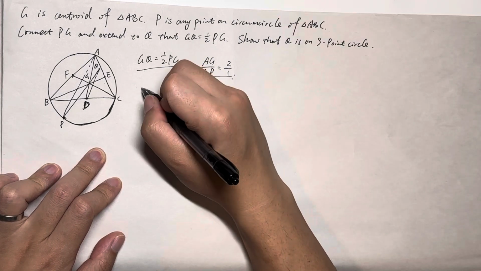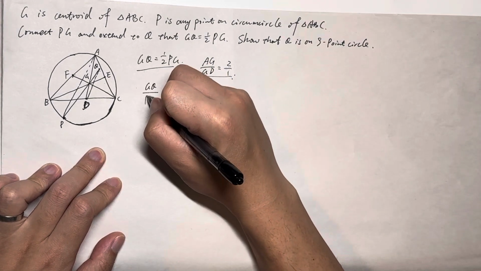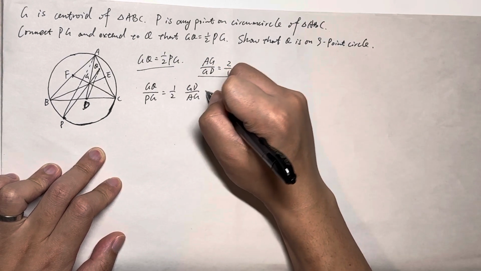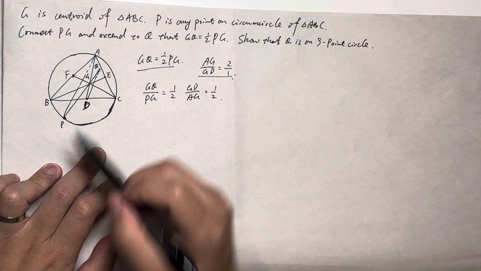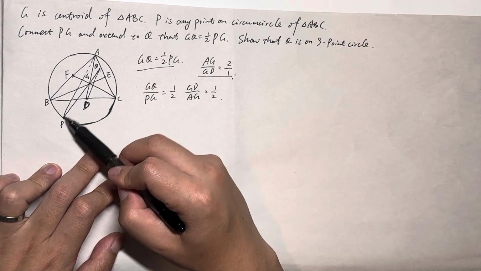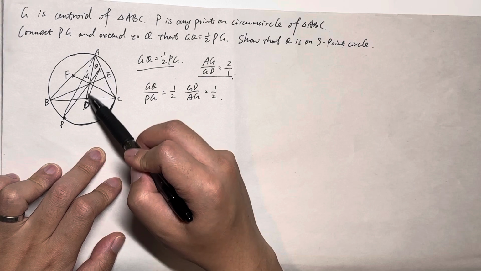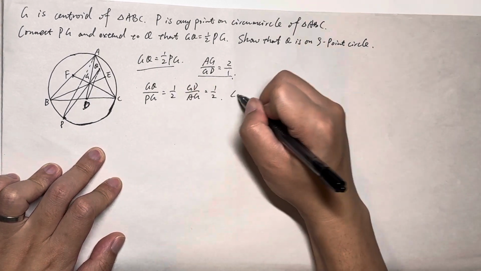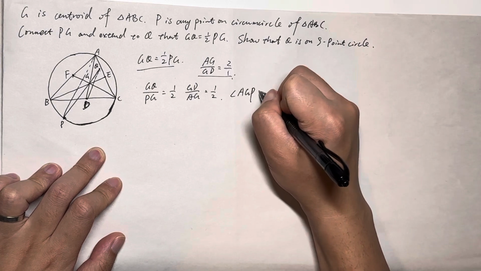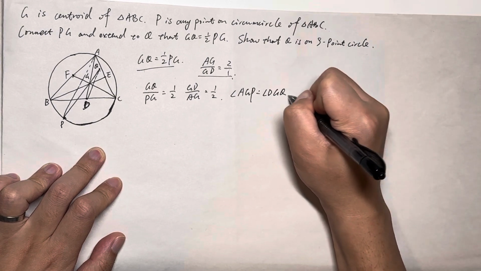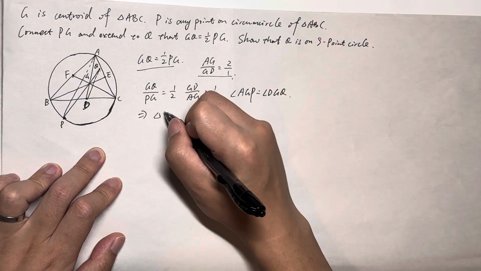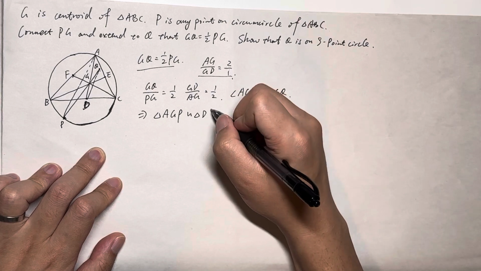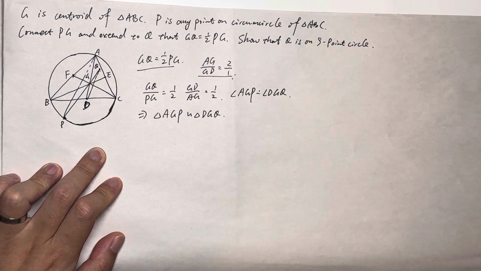Because GQ to PG is 1 to 2, and GD to GA is 1 to 2, and also angle AGP equals angle DGQ, we know that triangle AGP is similar to triangle DGQ.